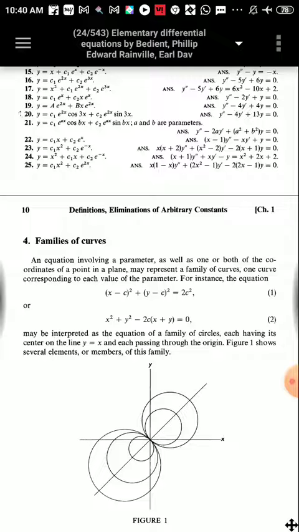So figure 1 here shows several elements or members of this family. So the family of curves represented by equation 2 is shown in figure 1.